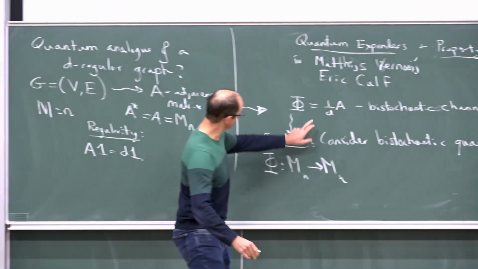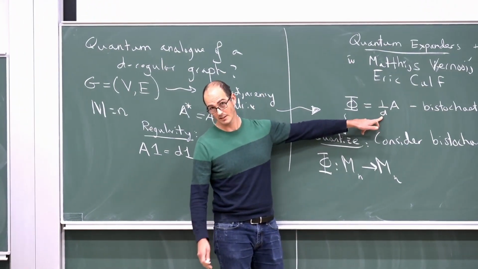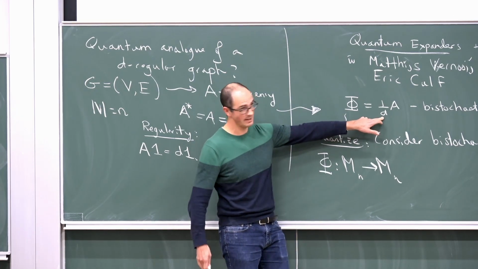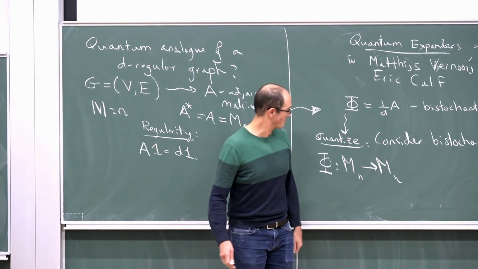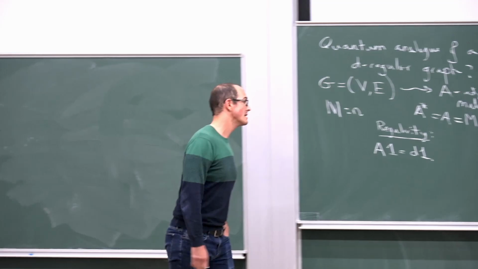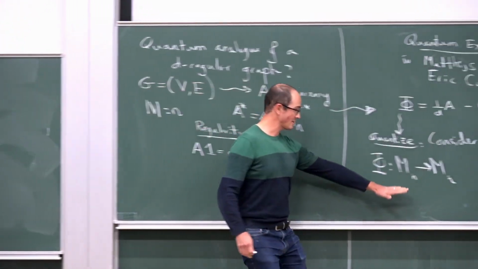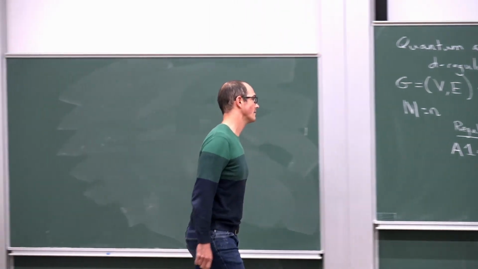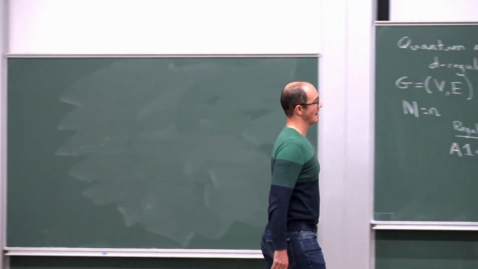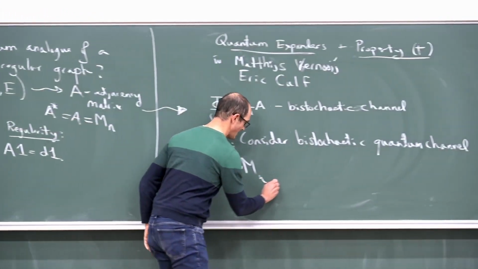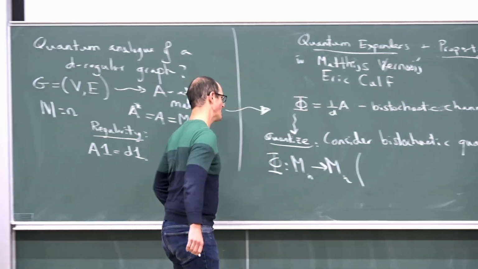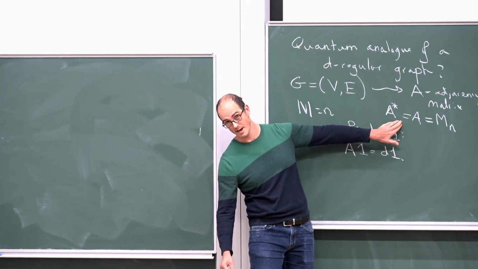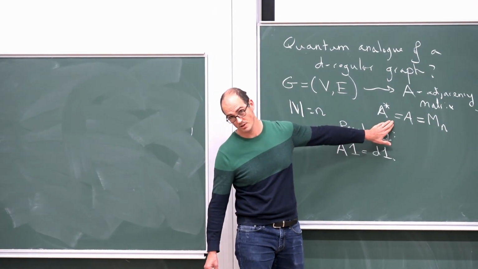In a sense, the channel associated to an ordinary d-regular graph is describing the graph in a dynamical sense. It's describing the random walk associated to the adjacency matrix. And of course, the quantum channel is also often regarded dynamically. So we can consider a quantum channel which is bistochastic. Depending on the context, you may or may not insist on symmetry of the channel with respect to the matrix trace.